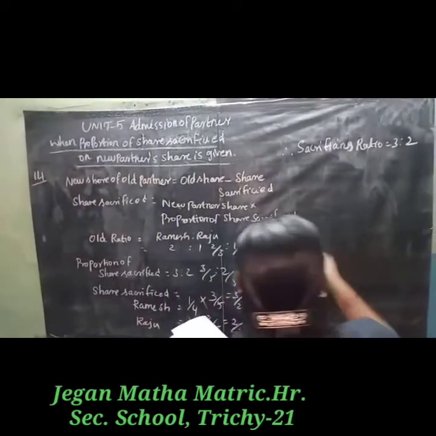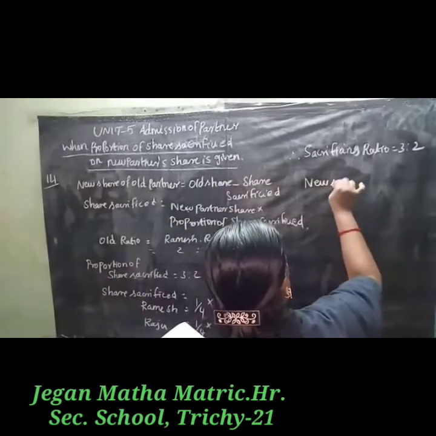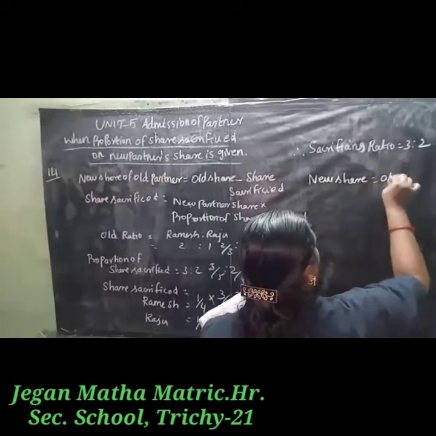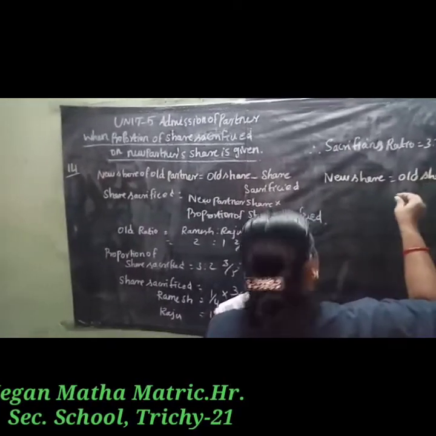So now we have to find the new share of old partners. The formula: old share minus share sacrifice.